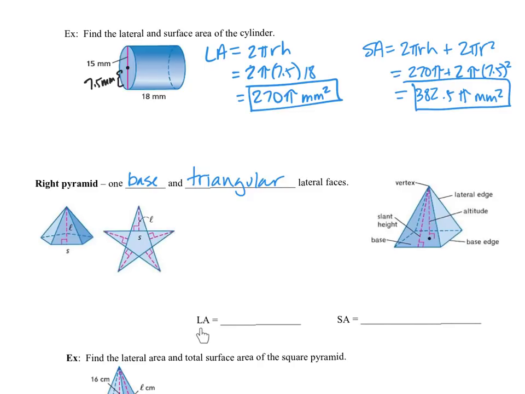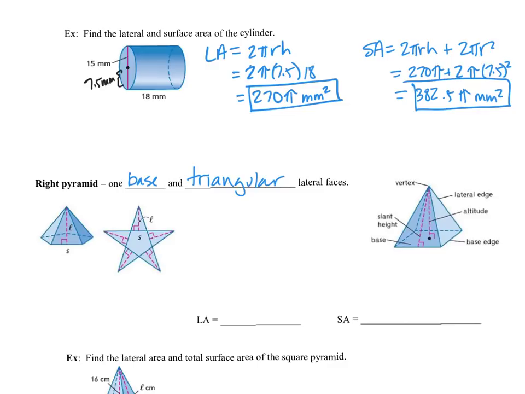So let's talk about how to find the lateral area and surface area of a right pyramid. Let's start with lateral area. You'll notice that every one of these lateral faces is a triangle with a base of S and an altitude of L. So how do we find the area of this one triangle? We would take 1/2 its base times its height.